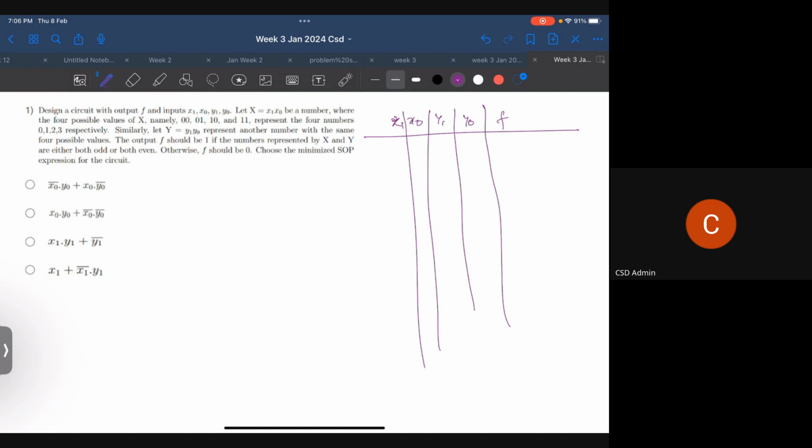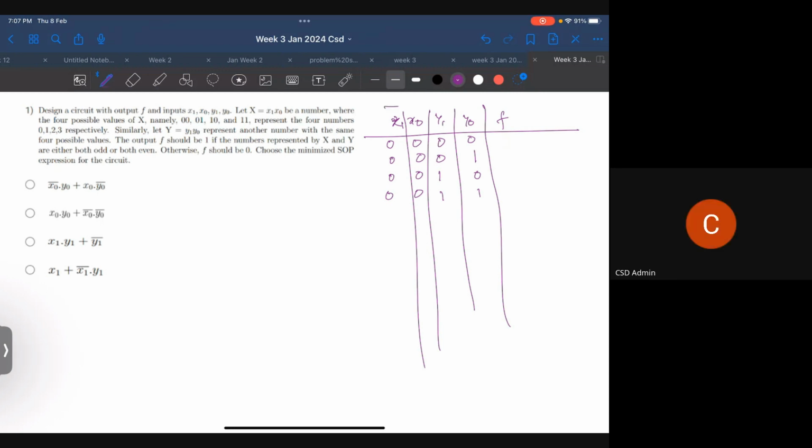So x1 x0 can be 00 and y1 y0 will be 00. Then x is 00 and y is 01, then 10, then 11. Up to that is clear? Yes, sir.